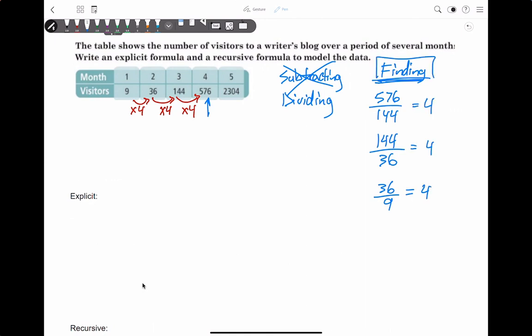So when finding the pattern, we divide something by its previous number, and when I get my pattern of 4, I am good to go. So the pattern is multiplied by 4 to get to the next jump, multiplied by 4 to get to the next jump, so on and so forth.